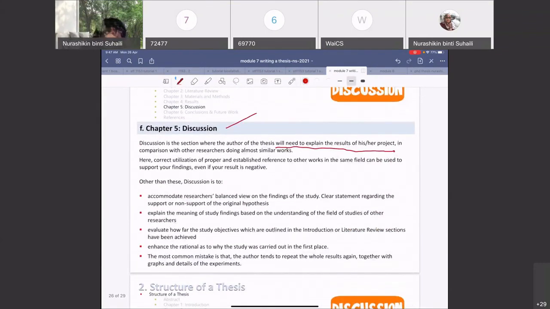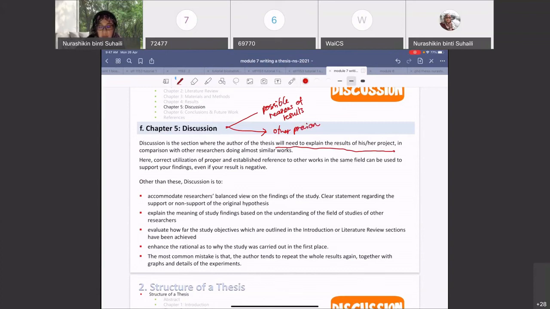Discussion should give possible reasons for the results by relating the science behind it, for example the mechanism, and also you can relate with other previous works.